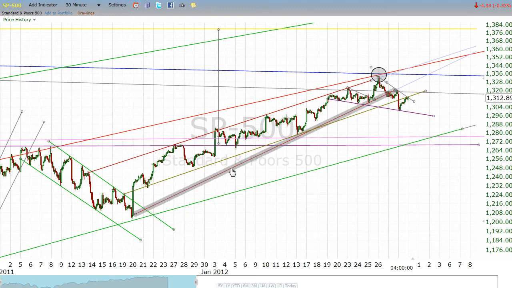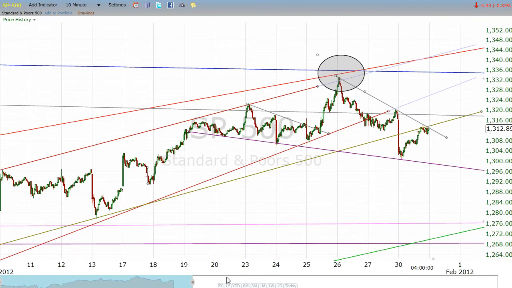Well, the wedge that we were looking at broke down on Friday and ended with what I mentioned might be a little back test, and we would know a little bit more about this market if it also took out the bottom line of this channel. And by golly, that's exactly what we got today.